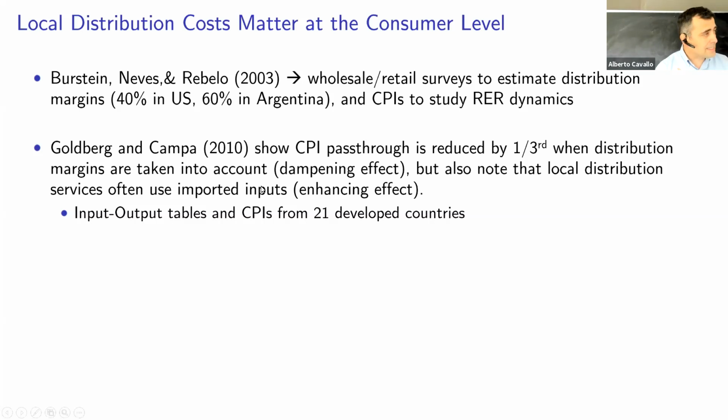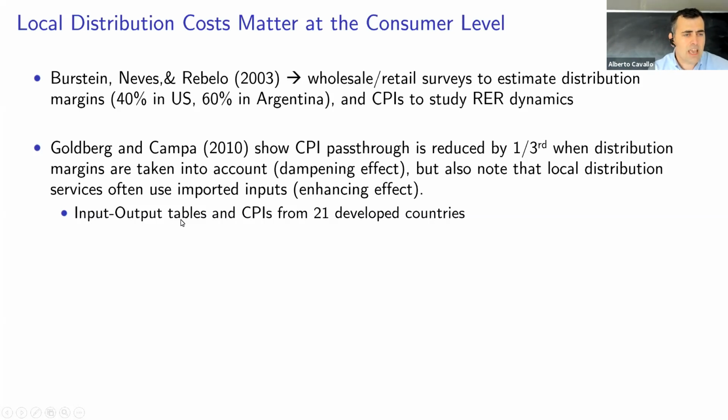No? So to that extent, they noted that the relationship was not so straightforward. It also had this imported inputs component that could enhance the impact that an exchange rate shock could have on the level of pass-through that they're willing to pass on to the consumer prices.